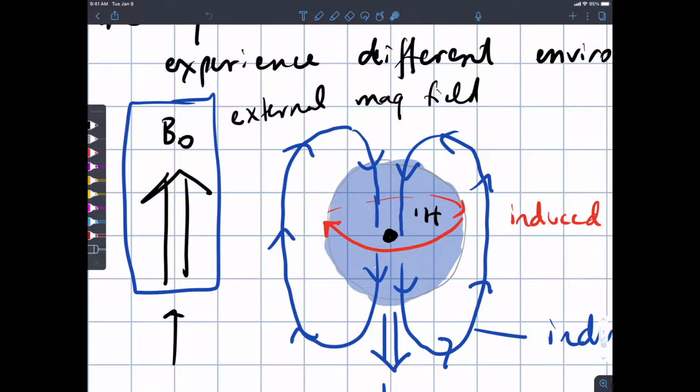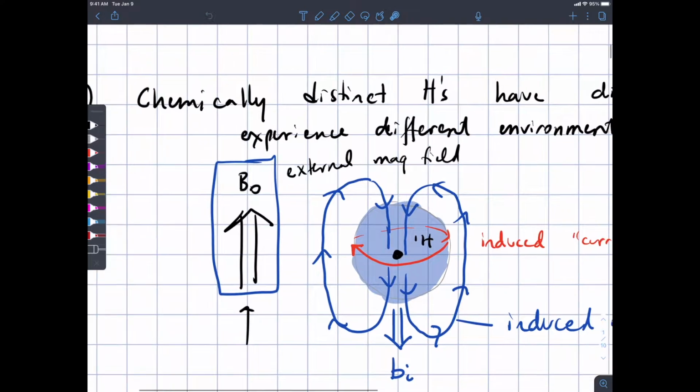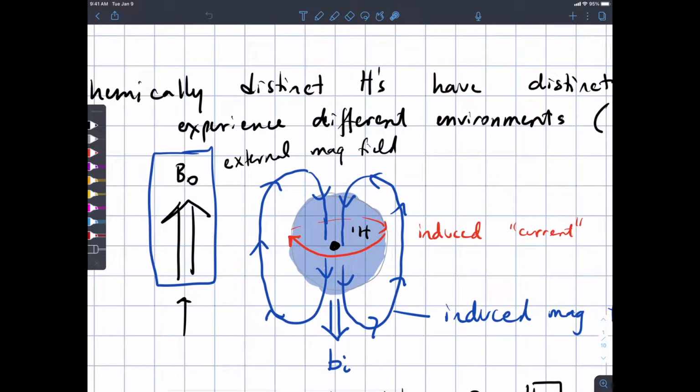We could get really deep into right-hand rules, but what we want to say is that in the presence of this external magnetic field, electrons will tend to circulate in a way that creates an induced magnetic field that opposes the external magnetic field.